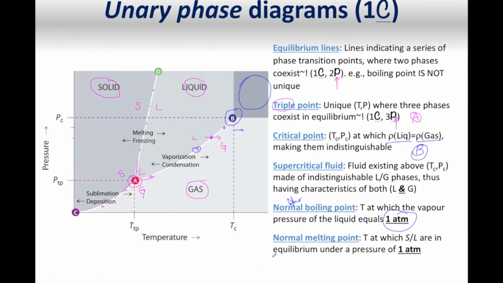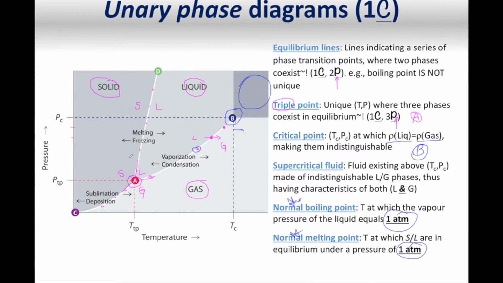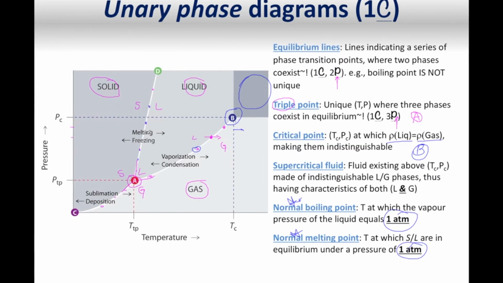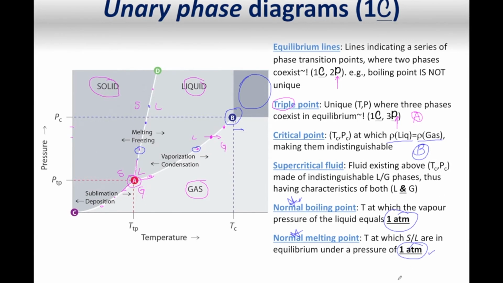With normal melting point, something similar happens. It only refers to 1 atmosphere of pressure. So along this line, we have melting point, melting point, melting point, but only the one that is measured at 1 atmosphere of pressure is going to be called the normal melting point.